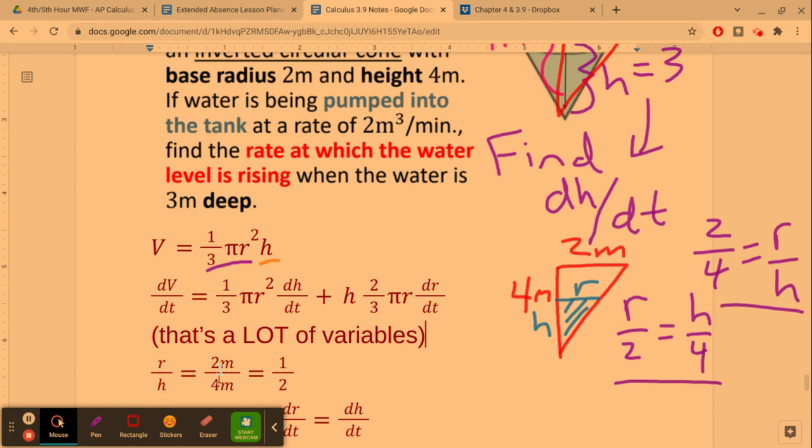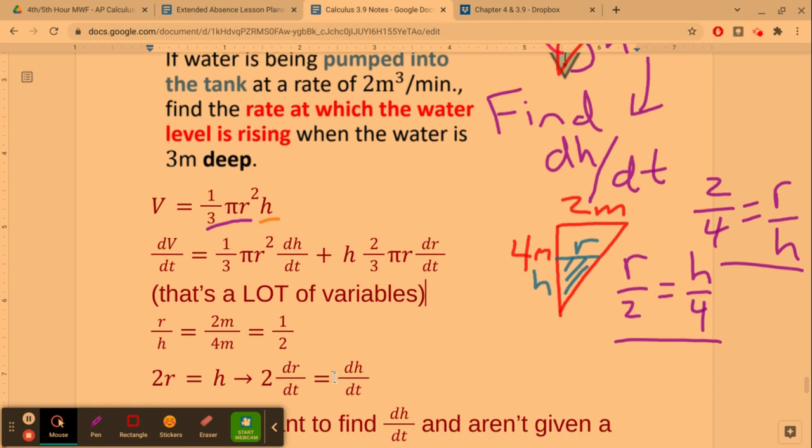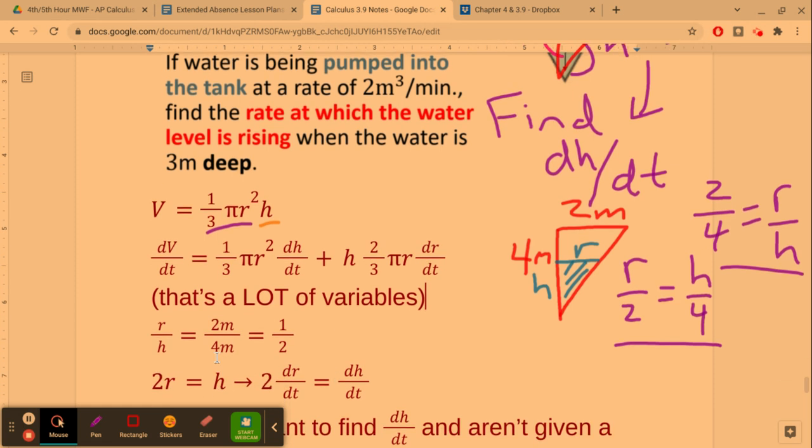All right, so I say, here we go. r over h is equal to 2 over 4, just as I said, which is equal to 1 over 2. Meters cancel. So that means cross multiplying, simplify here, 1 over 2, multiply the 2 over to the r, h times 1, 2r equals h, which means, check this out, this is really awesome.